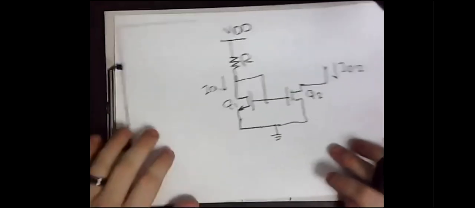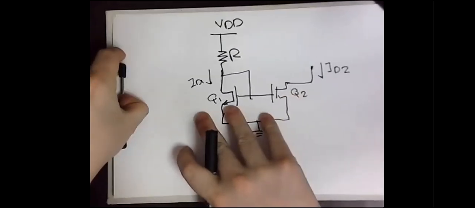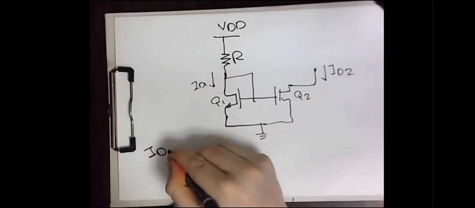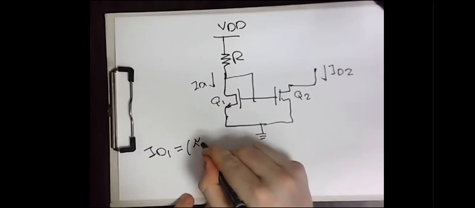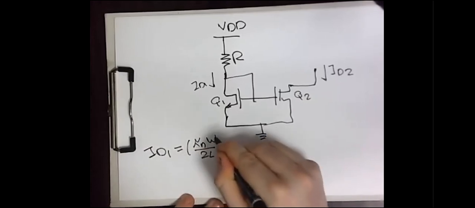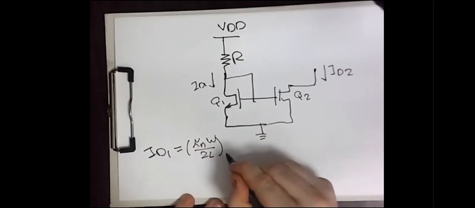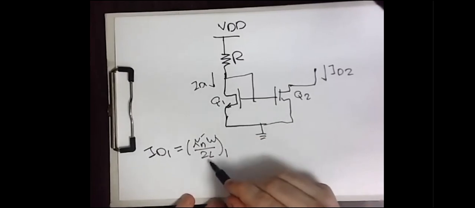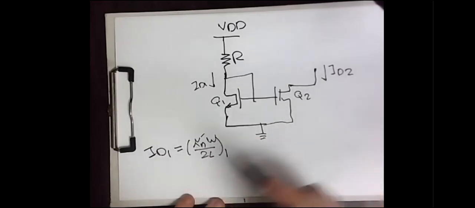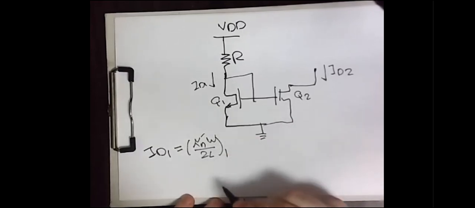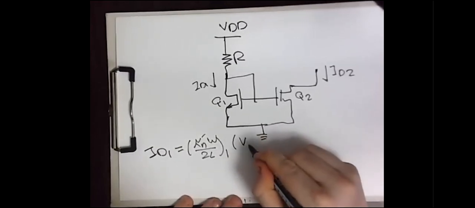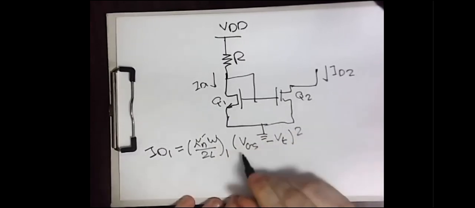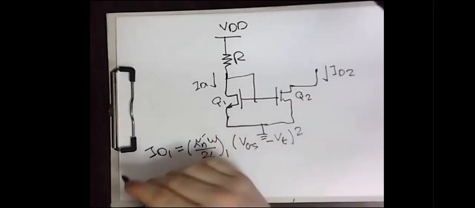Accordingly, my dear students, the first MOSFET, Q1, has a current ID1 equal to Kn dash W over 2L, with subscript 1 to indicate it is related to Q1, because as you remember, Kn dash and W over L are device parameters, so they can differ from one transistor to another. This is times VGS minus V threshold all squared. Of course, here VGS and VDS are the same. So this is the first equation.